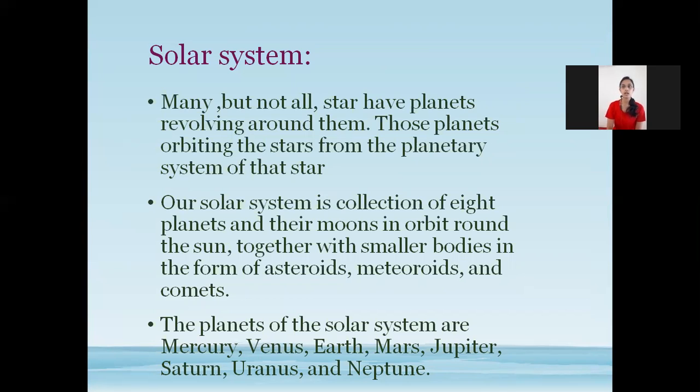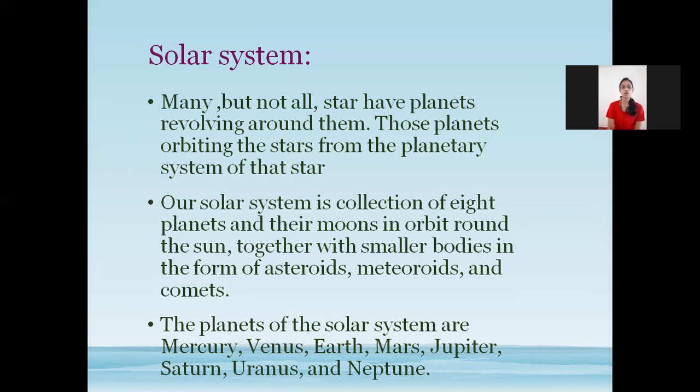So in our solar system, the star is the Sun, which is at the center, and eight planets revolve around the Sun. Our solar system is a collection of eight planets and their moons in orbit around the Sun, together with smaller bodies in the form of asteroids, meteoroids, and comets, which complete our solar system.